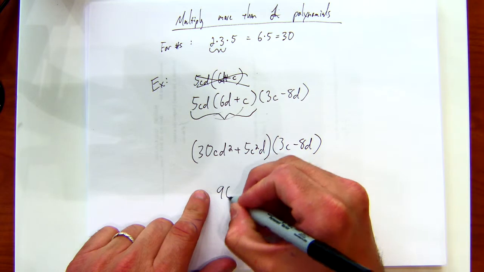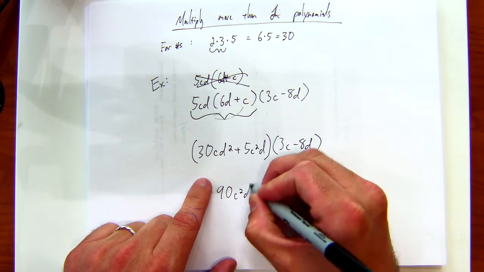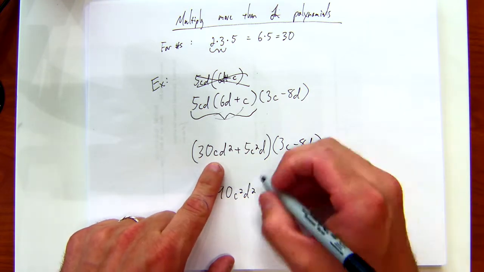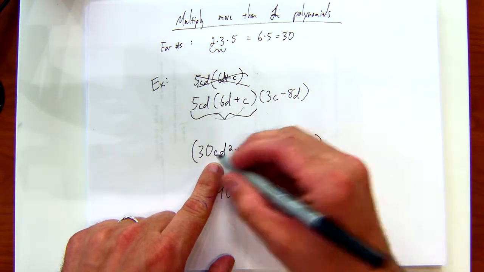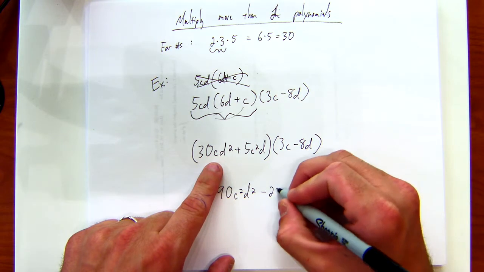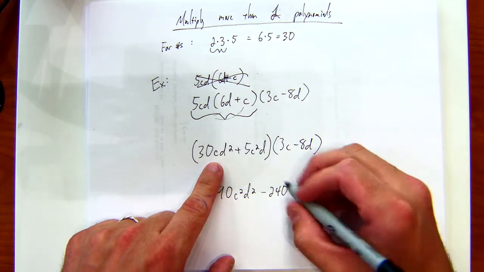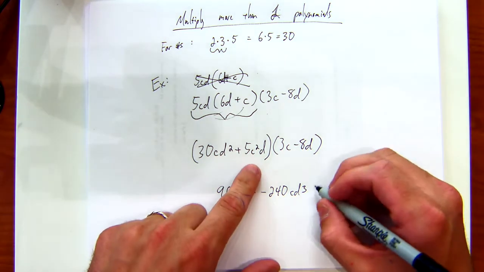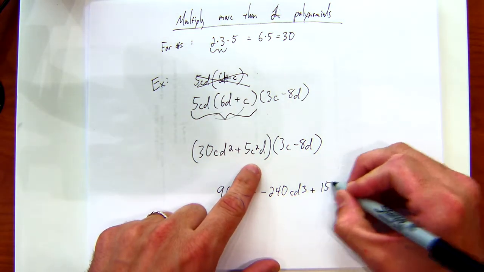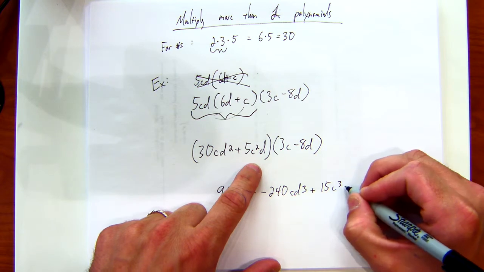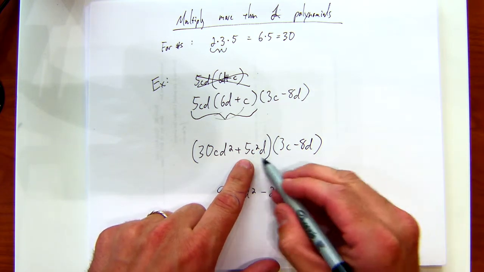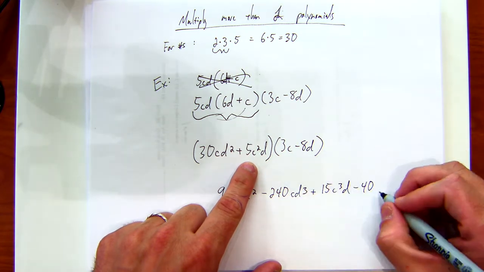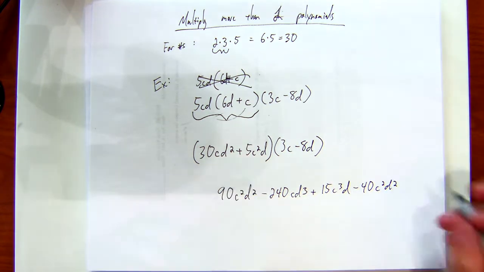This is 90c squared d squared minus 8 times 30, what is that, 240 cd cubed, plus 15c cubed d, these two, and then finally minus 40c squared d squared.